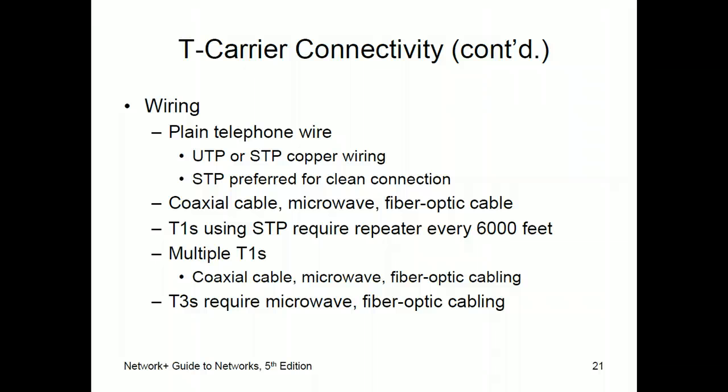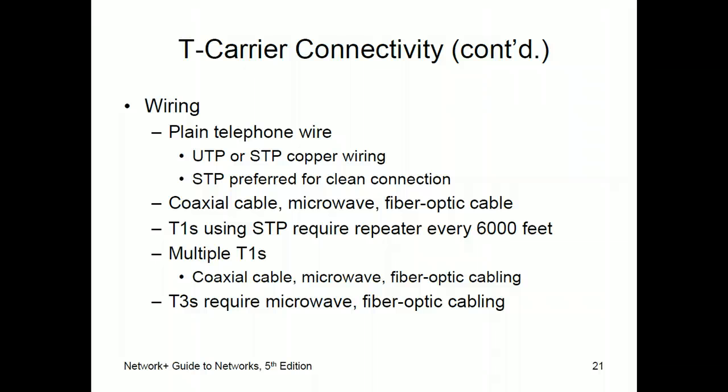Wiring can be plain telephone wire, UTP or STP copper wire. We used RJ45 jacks. Your home lines use RJ12 jacks for regular phone line jacks. It uses that fine. You can also use coaxial cable, microwave, fiber optic cable.